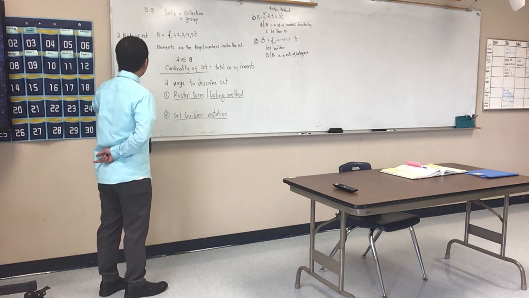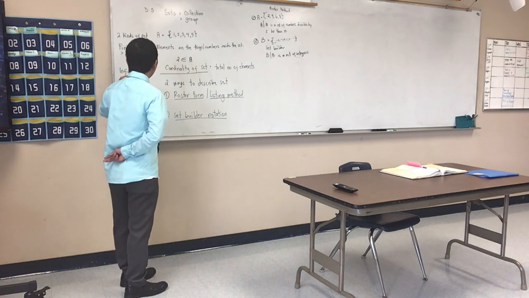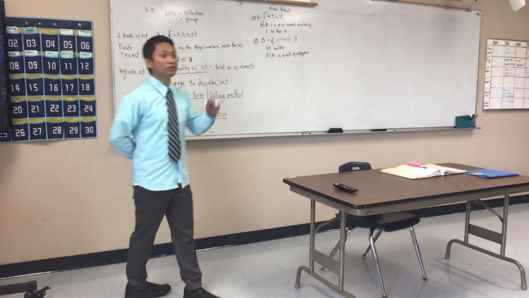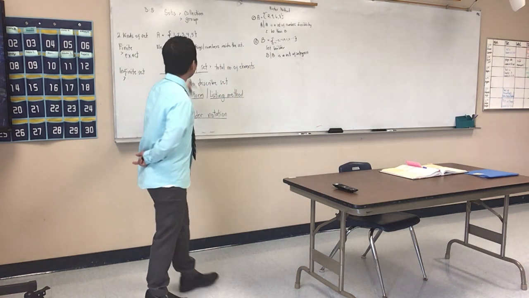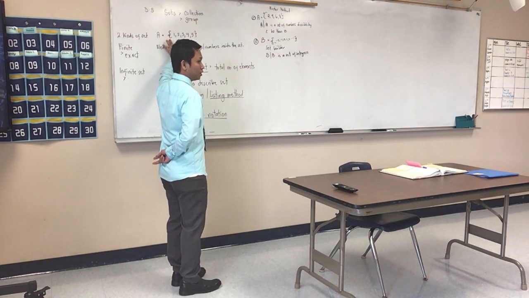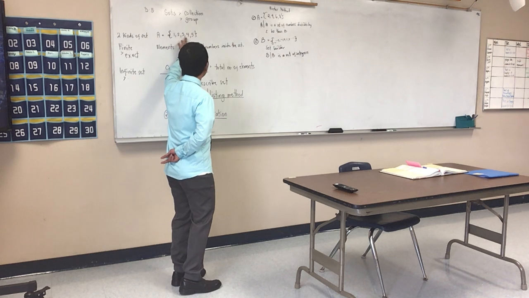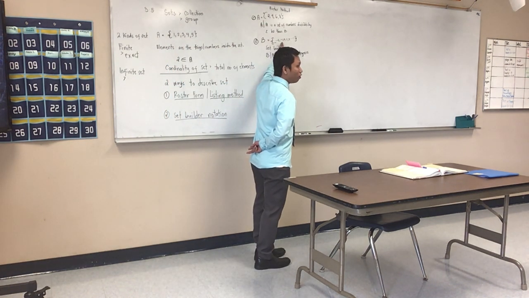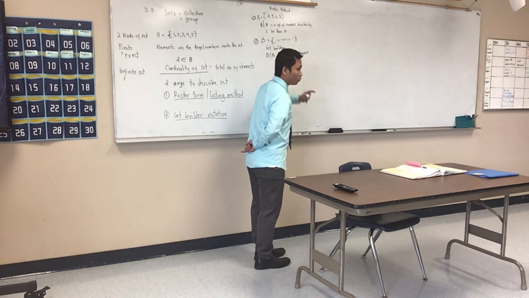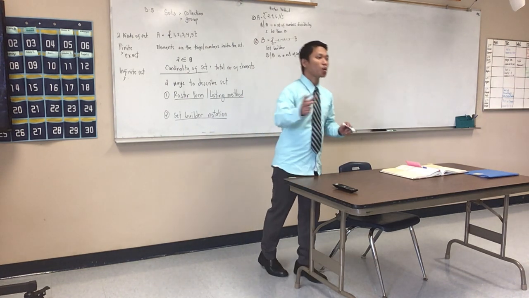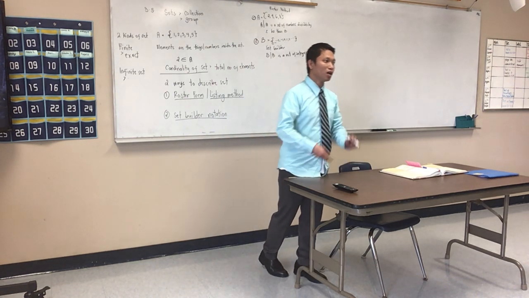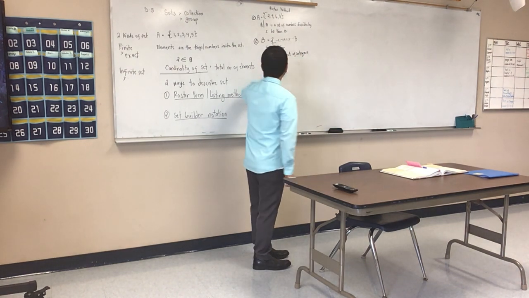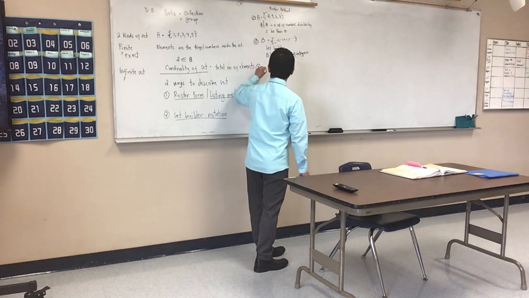This one is infinite, so we don't have an exact number of elements. This is an example of a finite set, wherein we have 1, 2, 3, 4, 5 elements. And this is an example of an infinite set, wherein we don't know how many elements we have in this particular set.